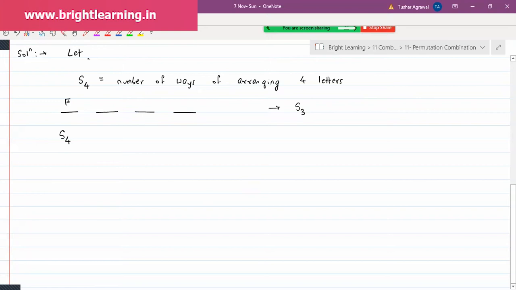O at the first position, again it is S3. U at the first position, again S3. R at the first position, again S3. So for one fixed letter, the arrangement is S3, but here I have 4 choices, so it will be 4 multiplied by S3.